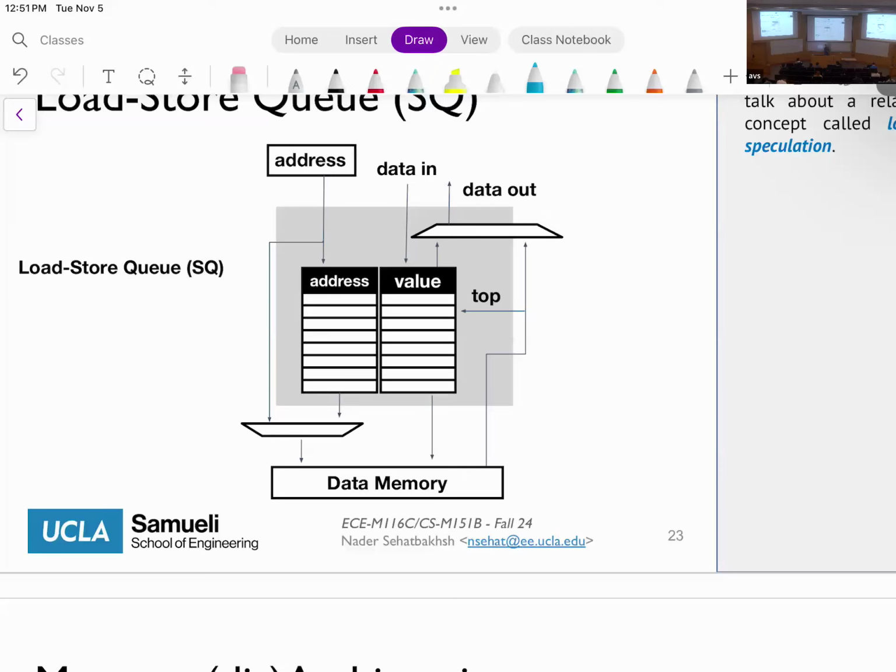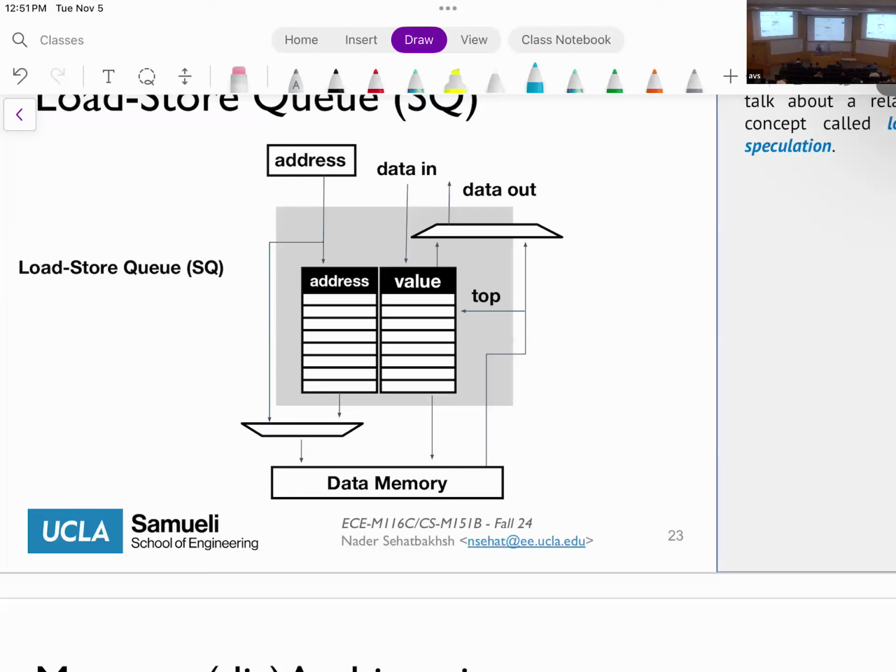Whenever I want to load something, I first go and check my store queue, because if there is a recent store, it will be there even before it's in the memory. If it's not there, then it's safe to go and grab it from the memory. So this will fix my RAW data hazard problem, because if I do the reordering, I can still find the value from my store queue.